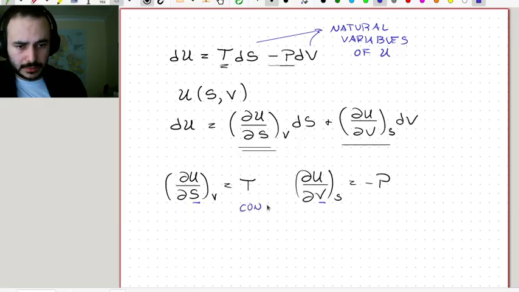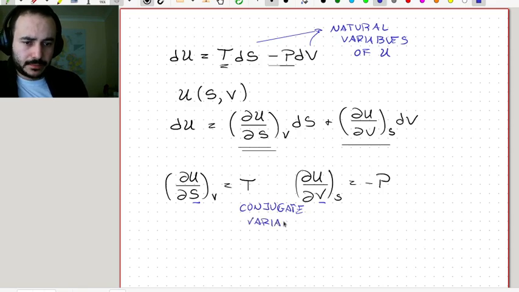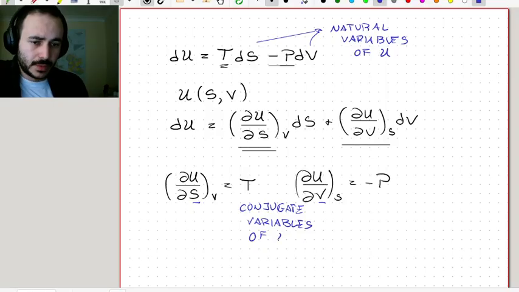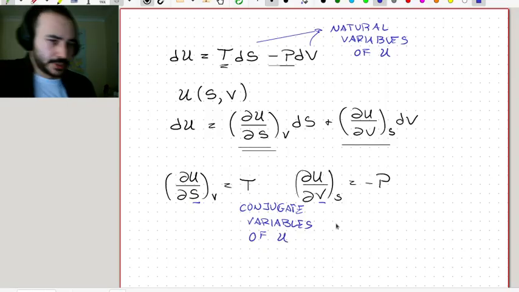So these ones are conjugate variables of the internal energy. So temperature is conjugate to entropy, and minus pressure is conjugate to volume.